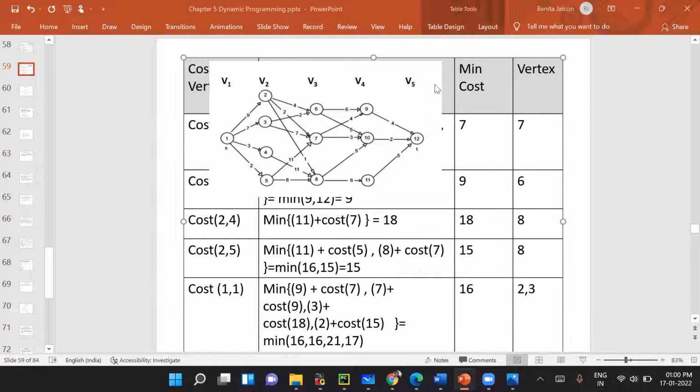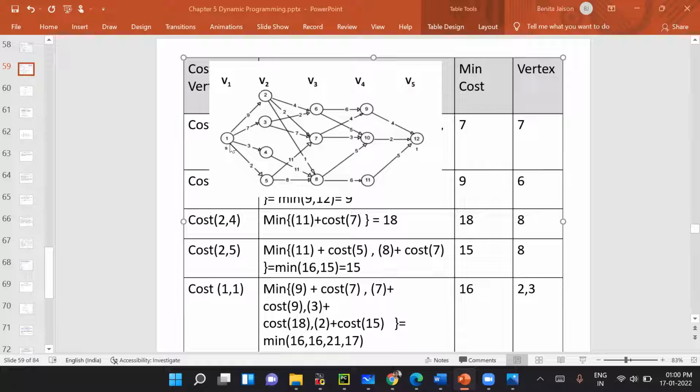Okay. So now you are going to find the path which gave us the minimum cost. The minimum cost you will write as 16, right? So finally, where have we reached now from vertex 1?